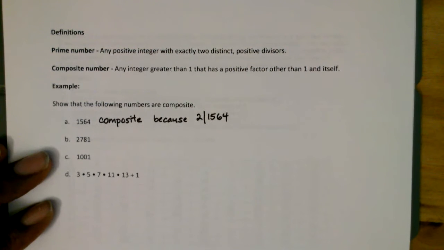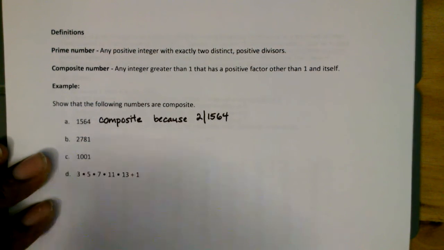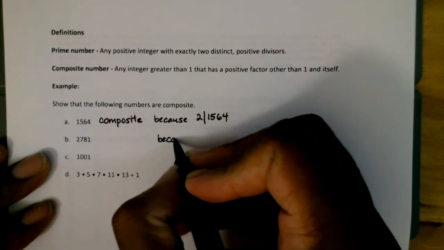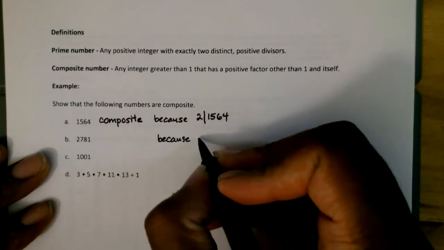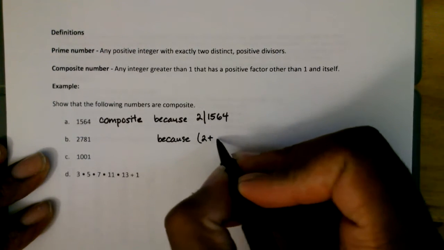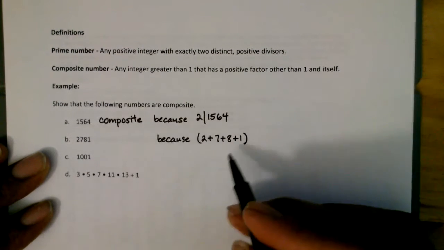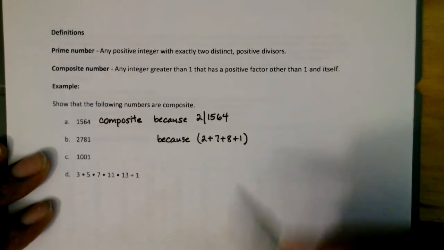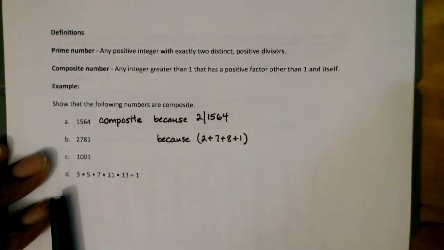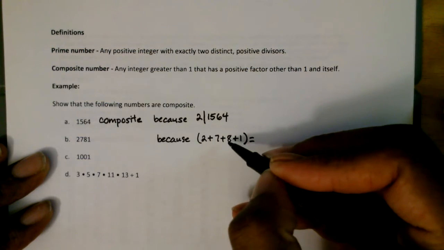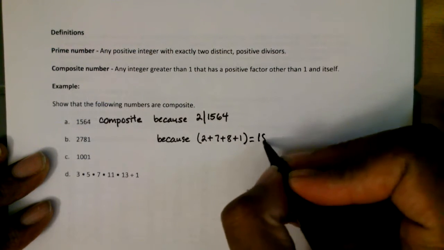Part B, 2,781. This will be a composite number because if I take the sum of the digits in 2,781, this will be 9, 17, 18.